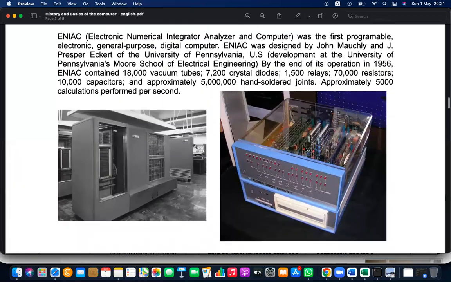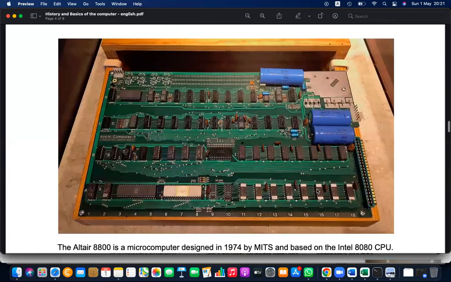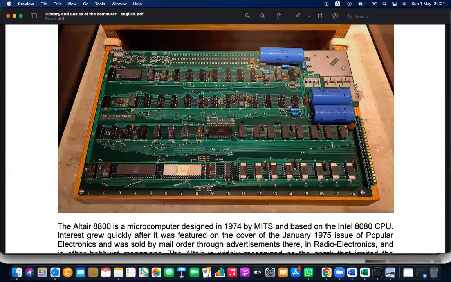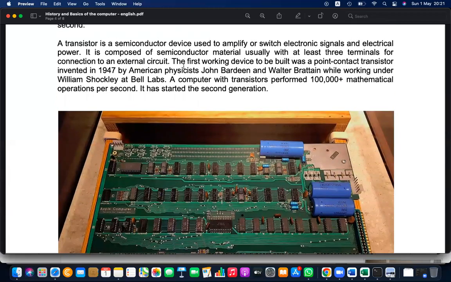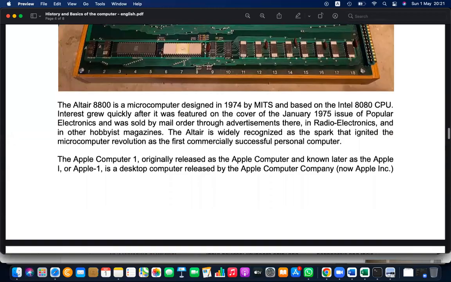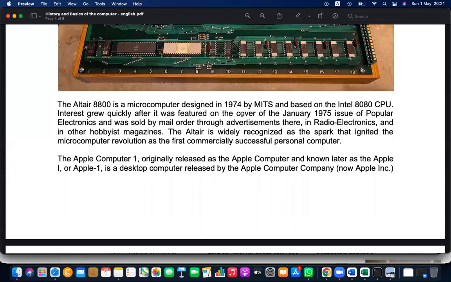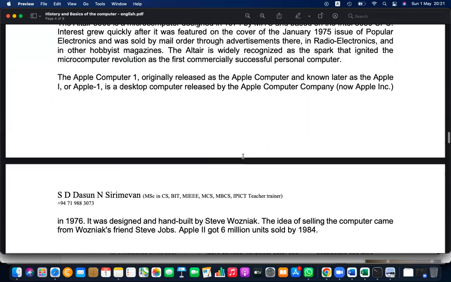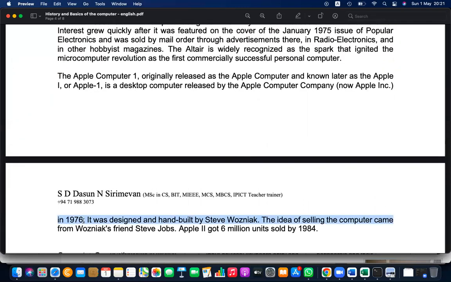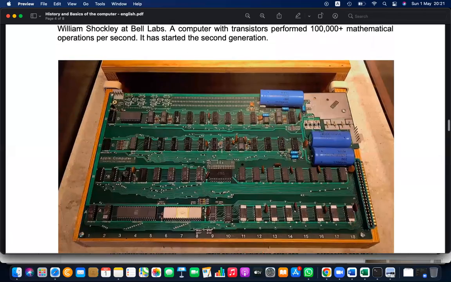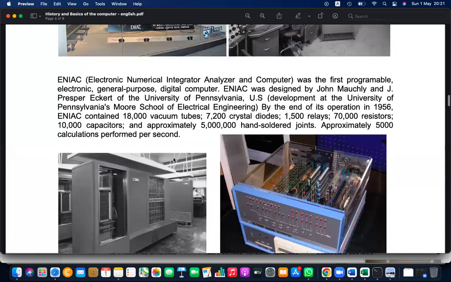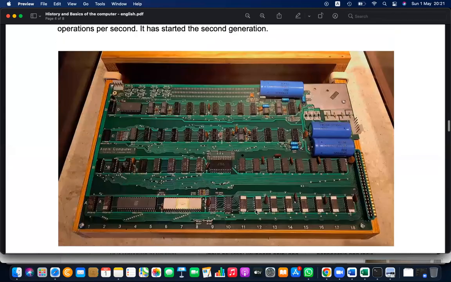And this is Apple. This is Apple 1, Apple 2, I think. This is also an Apple computer. Apple also came to the market in the late 19th century, 1974, with the Altair, and after that Apple 1 in 1976. When Apple 1 was introduced, it was a small computer, unlike these large garage-size computers.